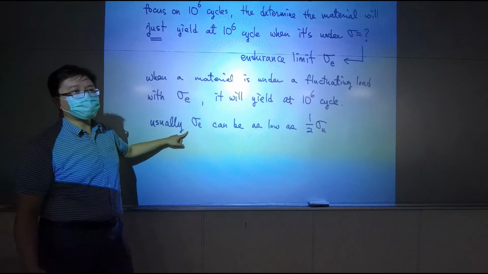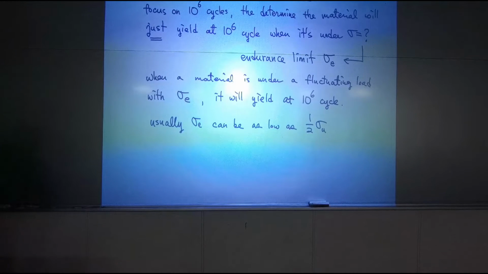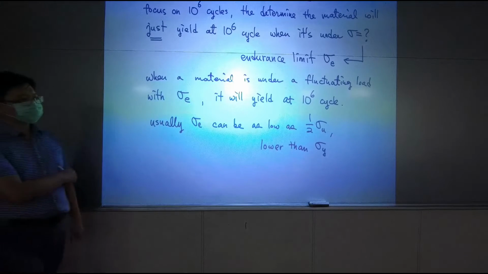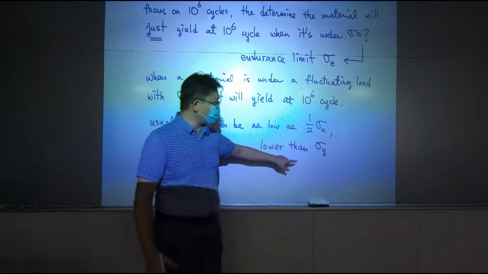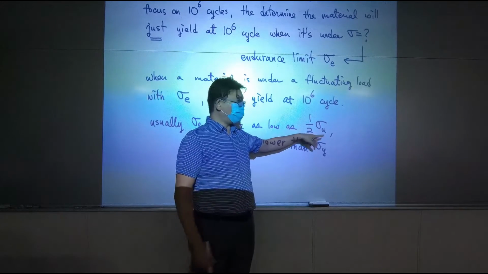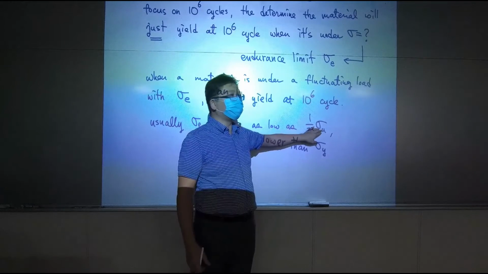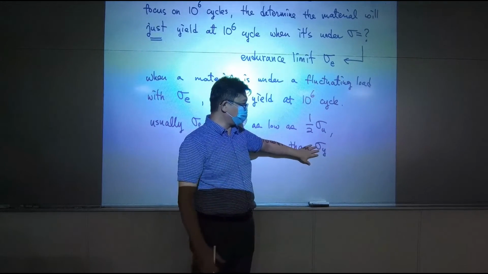It could be really low, and usually it's lower than the yield strength. So in mechanical design, we don't want to see yielding. Of course, we don't want to see the ultimate tensile strength, because that's already over the yielding point.